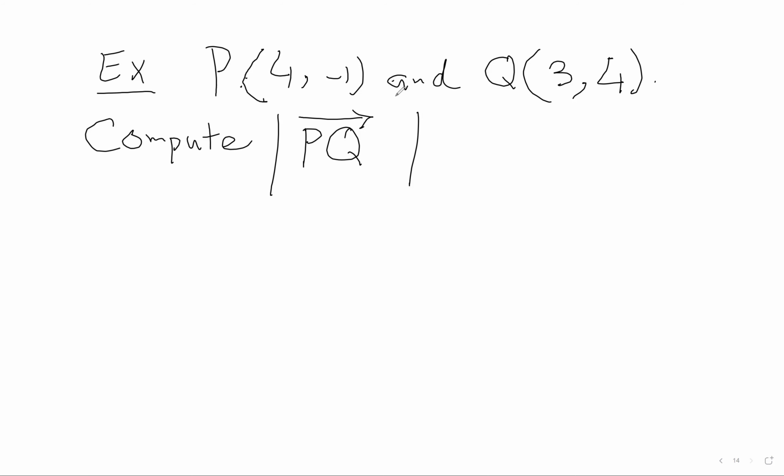So here, P has two coordinates, x1, y1, and Q has two coordinates, x2, y2.